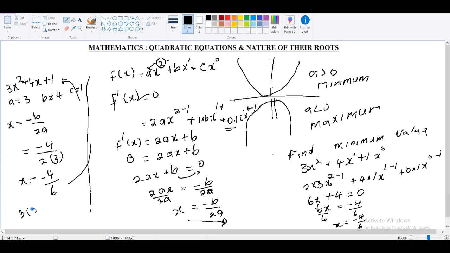So it will be 3 times negative 4 over 6, squared, plus 4 times negative 4 over 6, plus 1. Then you press it in your calculator. That's how you find the maximum or minimum values of any quadratic equation. So now we move on. In the next section, we are looking at the nature of roots of quadratic equations, right?